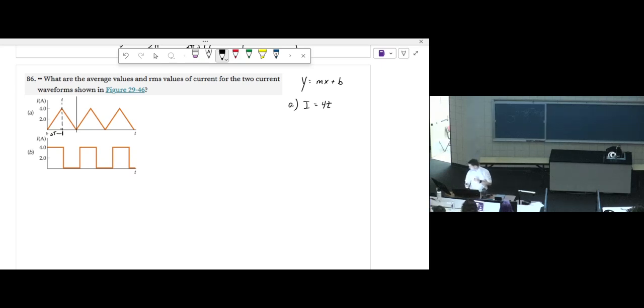So the average current, this is part A, I average is going to be equal to 1 over delta t times the integral from 0 to delta t of I dt. And we said I is going to be 4t, so that's going to be 1 over delta t times the integral from 0 to delta t of 4t dt.